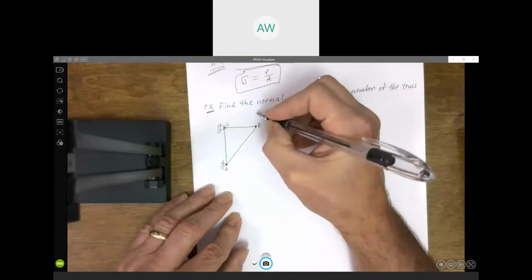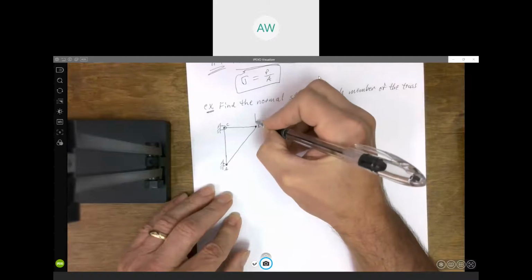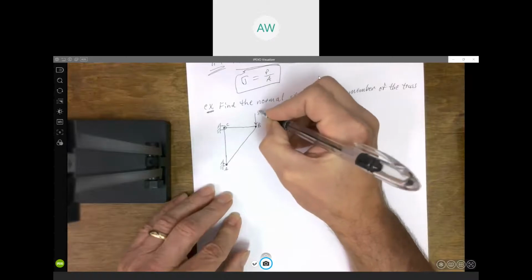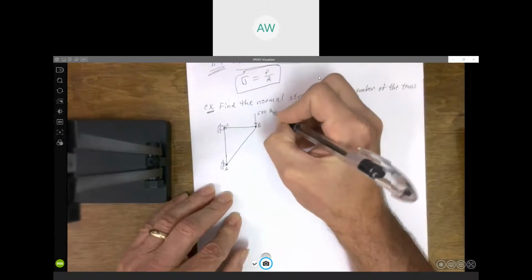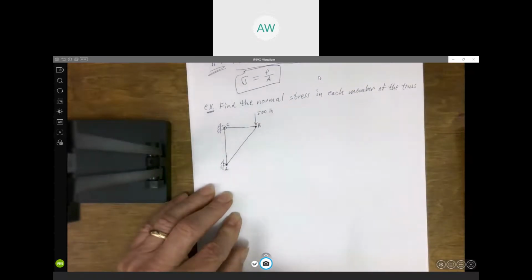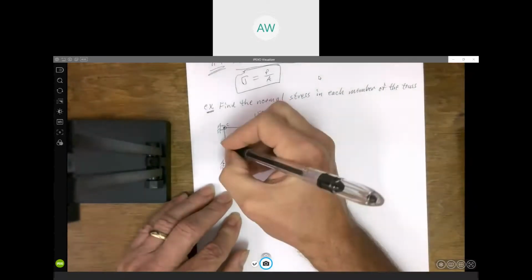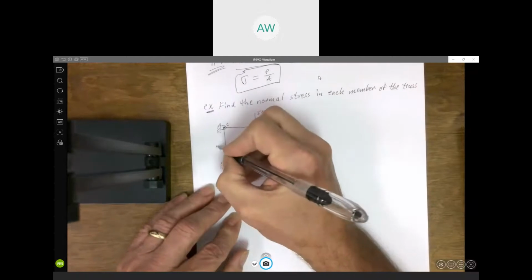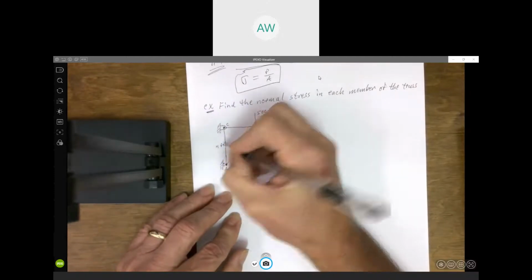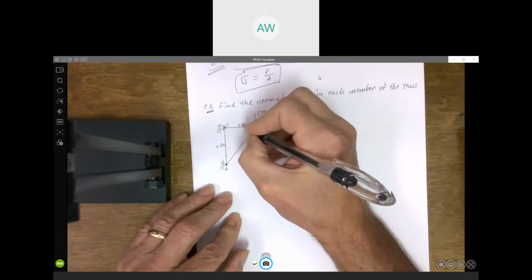And we've got one external force applied here of 500 pounds. And it's acting there at joint B. And we need some dimensions. This is 4 feet. This is 3 feet.